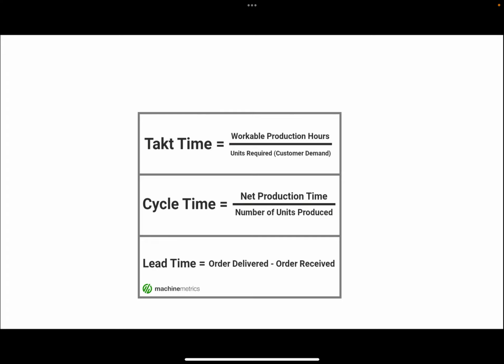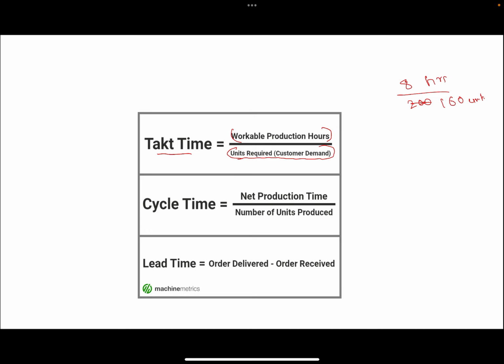So we will look at some of the terminologies here. Takt time is defined as the workable production hours divided by the units required, or the customer demand. For example, the production hours is usually 8 hours, and let the demand be 200 units or 160 units. So you can find the takt time.